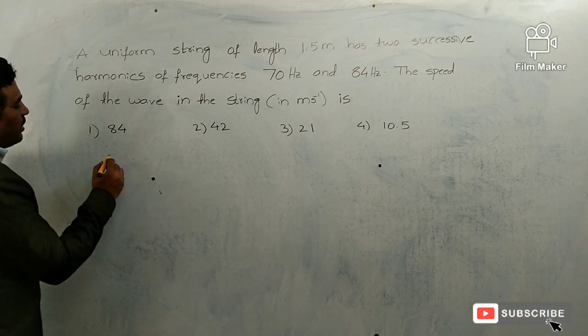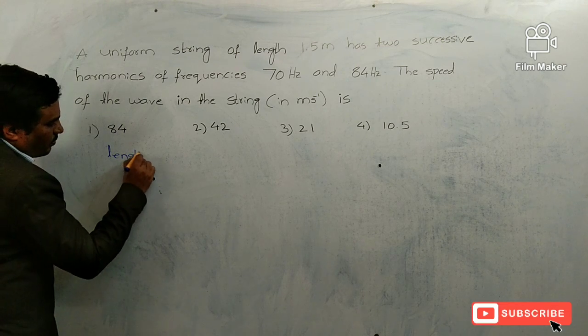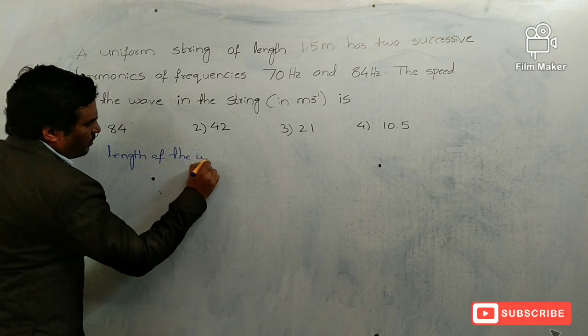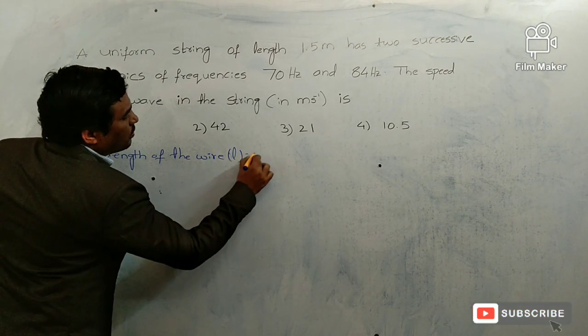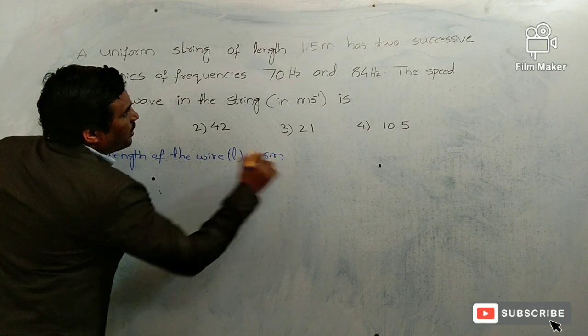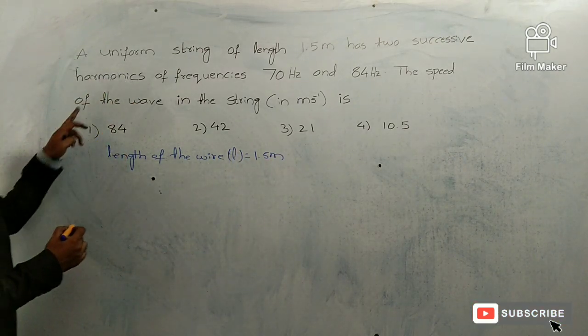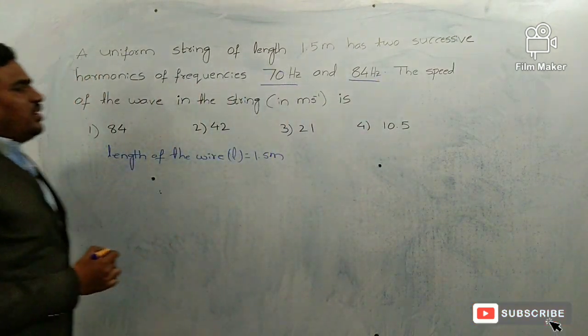What is given? The length of the wire, L equals 1.5 meters, and successive frequencies are given, that is 70 Hz and 84 Hz.